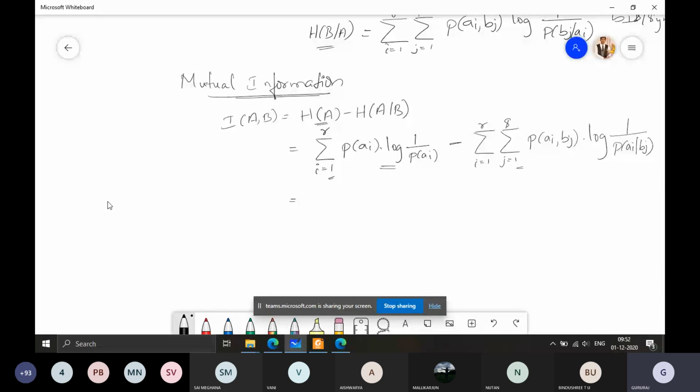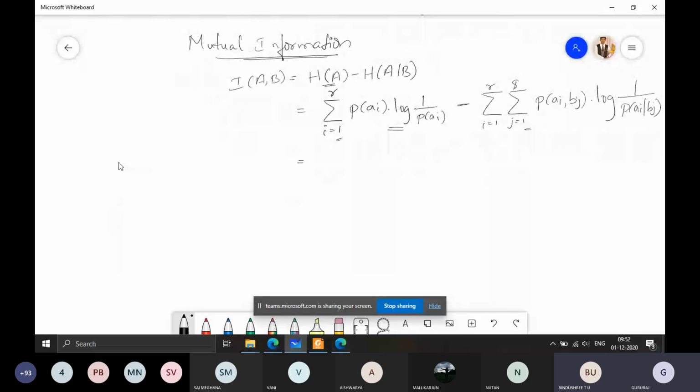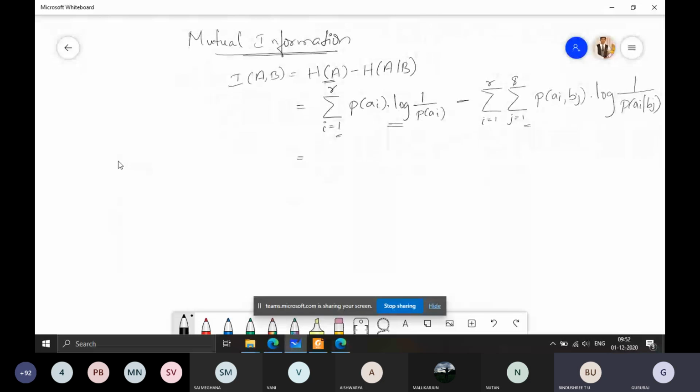How will you add that? Multiply and divide by p(bj)? No, multiply and divide will not solve the problem. I need to add a summation, which is j = 1 to s, and even though you add it, the total value of the term should not change.